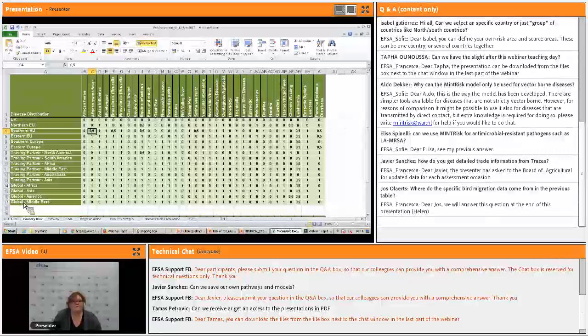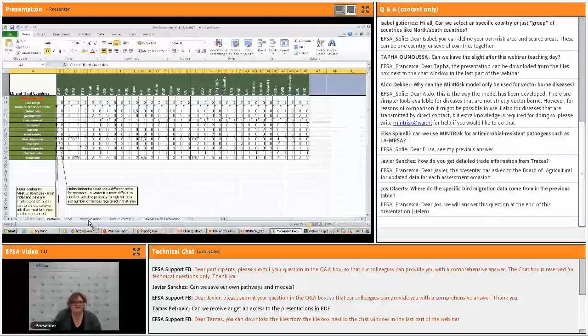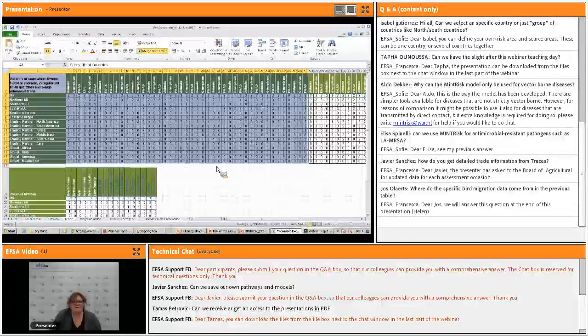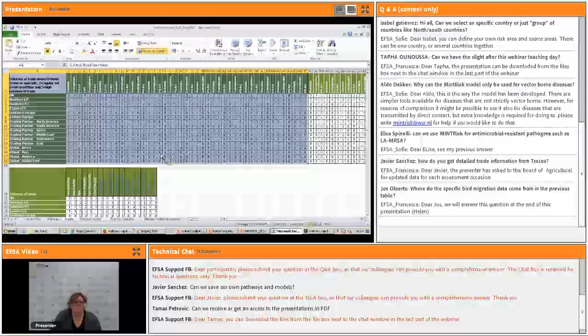And we have the country risk, and as you can see, these are the different regions, where they have the global parts down here. These are areas that we do not have as trade partners, but you still need to score them because of that illegal score that comes into the tool. If we look at the different spreadsheets you see here, the pathways, then we have the trade scores here for the different levels of all those consignments coming in.